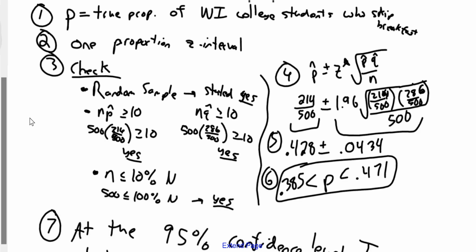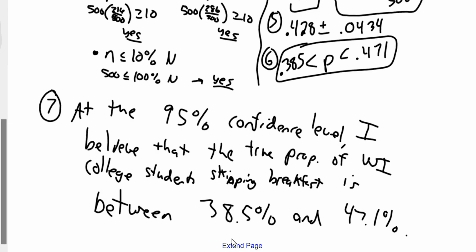That gives us an interval from 0.385 to 0.471, and I can interpret saying at the 95% confidence level, I believe that the true proportion of Wisconsin college students skipping breakfast is between 38.5% and 47.1%. Okay?